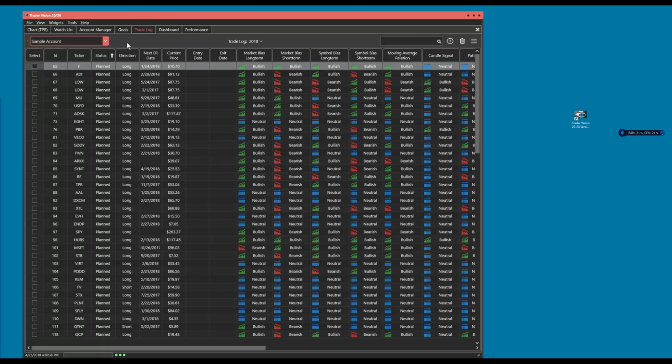That way, when you're doing your performance analysis, you can do that within the group of, in your case, day trading, or within the group of swing trading, because you may want to analyze that performance differently as opposed to lumping them all together.